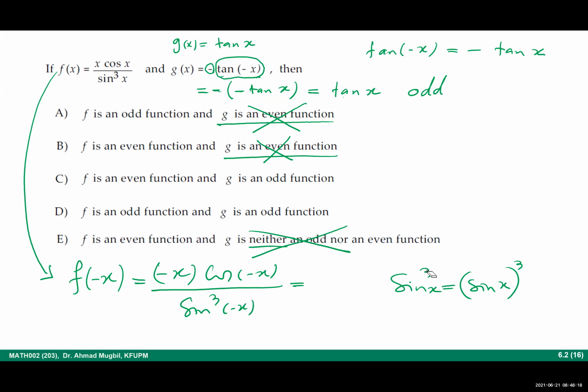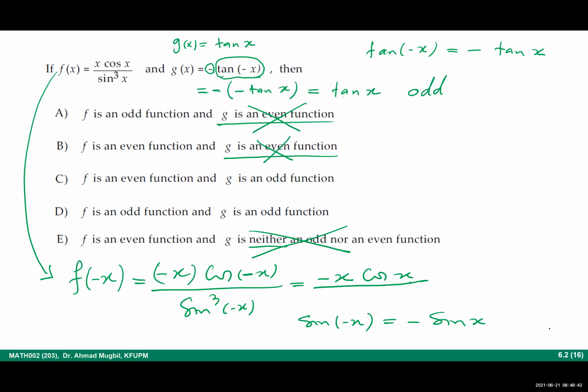Okay, so what does that mean? Now here we will have cosine, which is even, so it will be the same. So we will have here negative x cosine x. Why? Because it is even. Cosine negative x is cosine x over. Now what is sine of negative x, ya shabab? It is negative sine x.